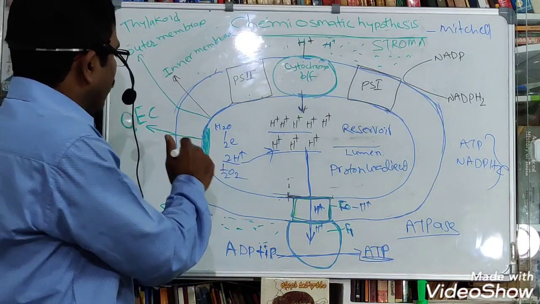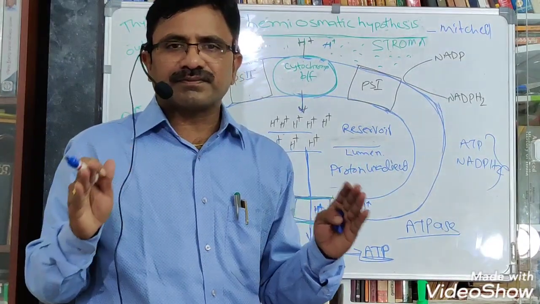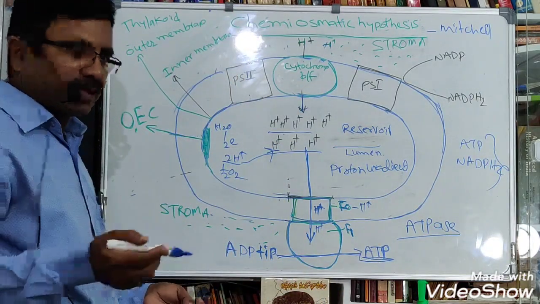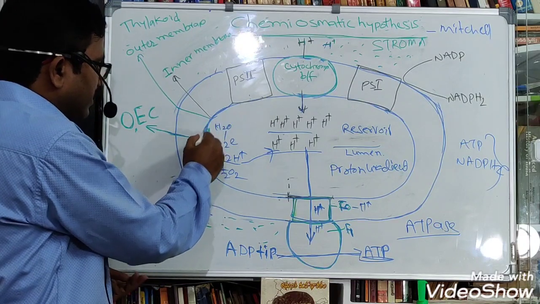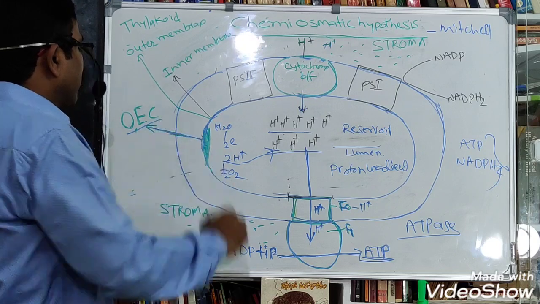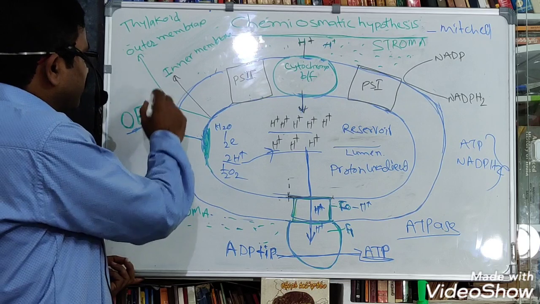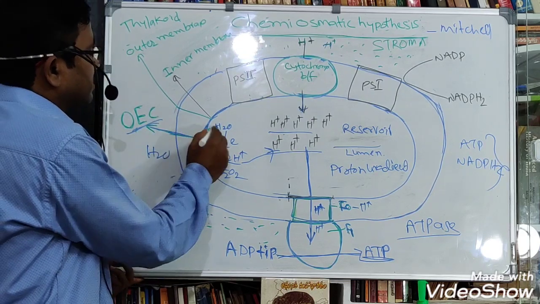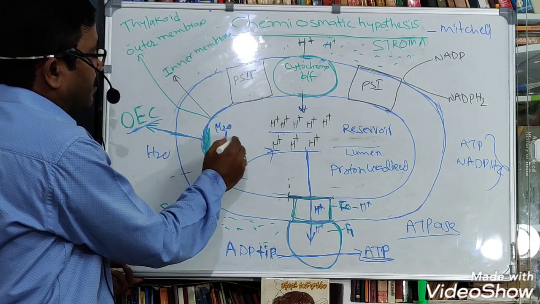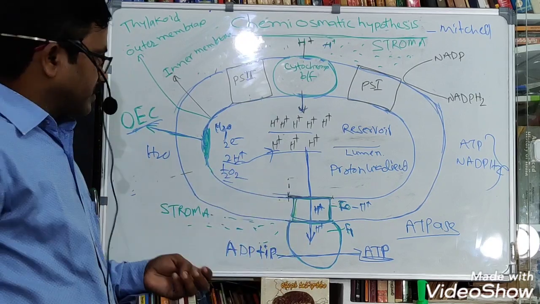Next, in light reaction, photolysis of water also takes place. When a water molecule splits in the presence of light, in the thylakoid the inner membrane possesses an oxygen evolving complex. This oxygen evolving complex splits the water molecule, which results in the release of electrons, protons and molecular oxygen.